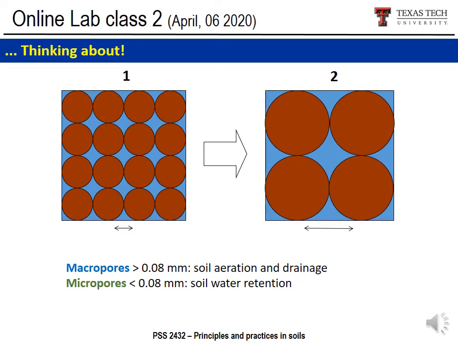The macropores are responsible for soil aeration and drainage, and the soil pores smaller than 0.08 millimeters are considered micropores, and the micropores are responsible for soil water retention. Okay, it's very important: total porosity and the soil pore size distribution.